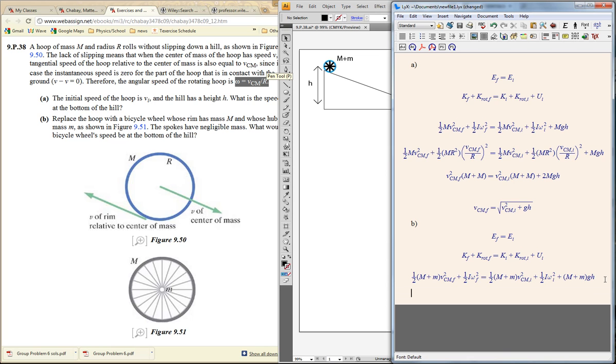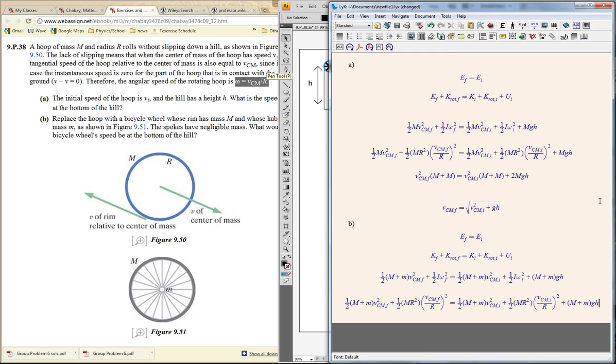Notice the moment of inertia is actually the same as before, because the hub doesn't add anything to it. The hub is at a distance 0 from the center of mass, so there's no moment of inertia associated with that hub. Consequently, those two rolling kinetic terms are the same as before.